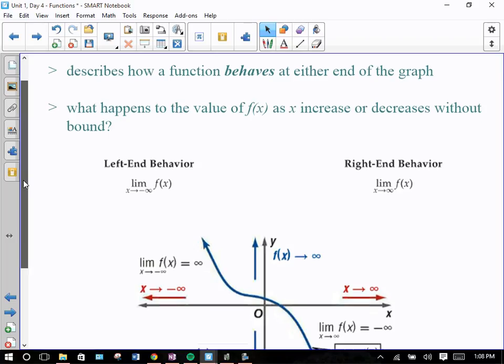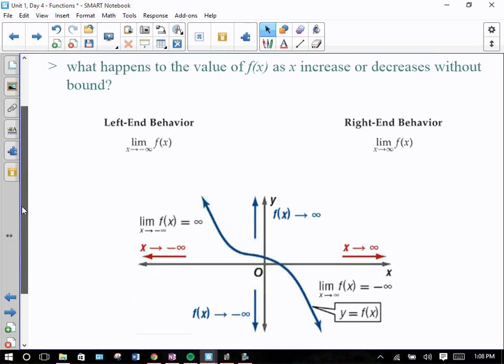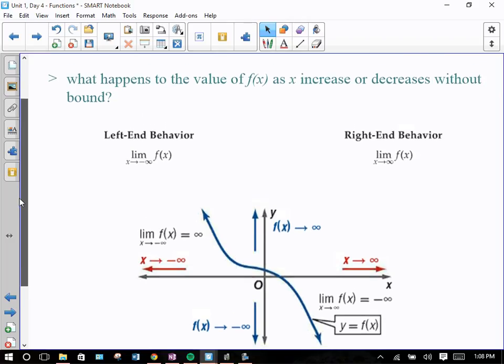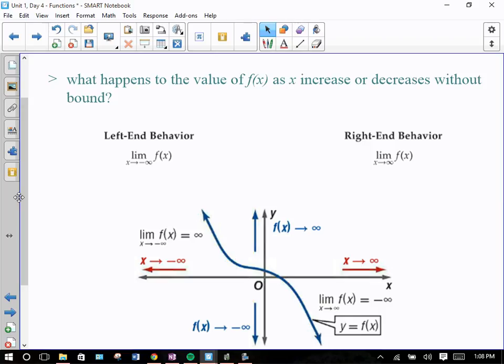So again, this graph that we have here is just an example. Over here, it's going down, so the limit as x approaches infinity of f of x equals negative infinity, because as x is getting bigger, the y values are going down.